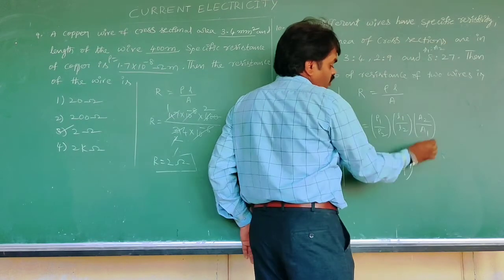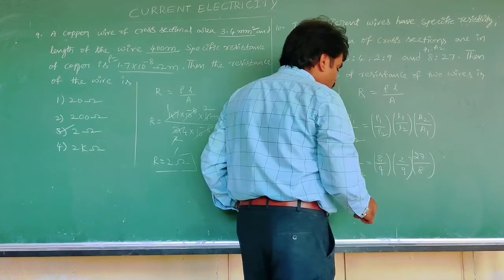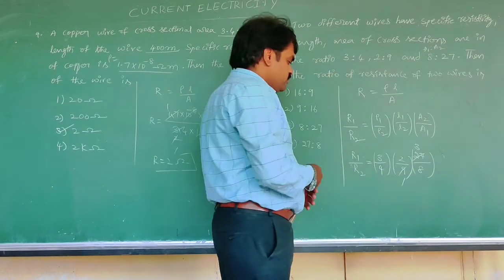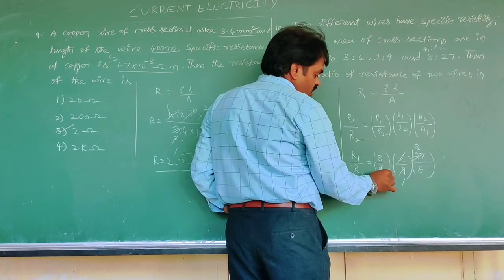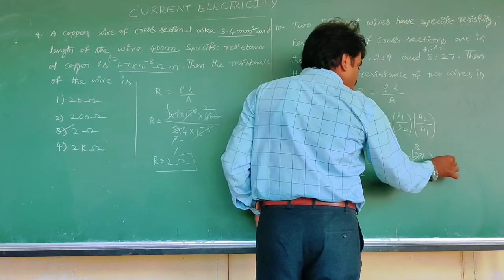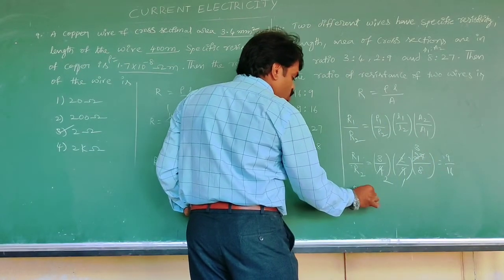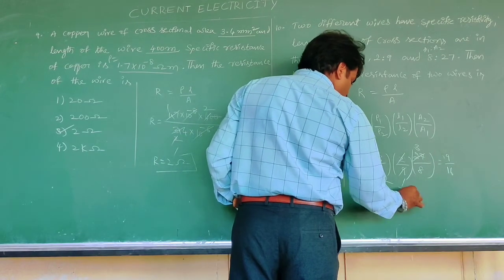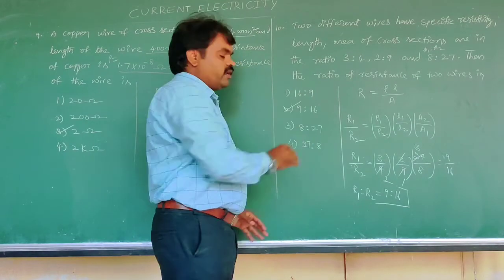But A2 by A1 means 27 by 8. Now cancel it. 9 ones are 9, 3 nines are 27. 2 ones are 2, 2 twos are 4. Then 9 by 16. Then R1 is to R2 is equal to 9 is to 16. This option will be the second one.